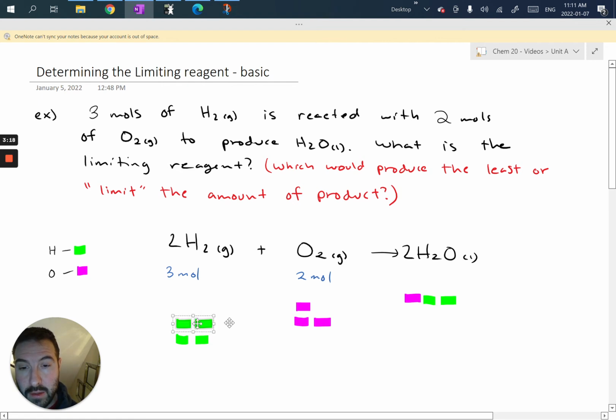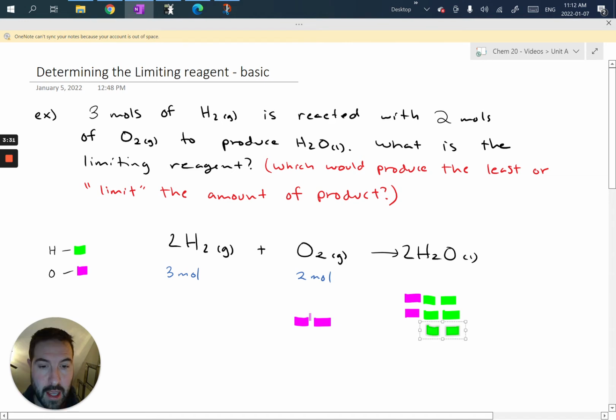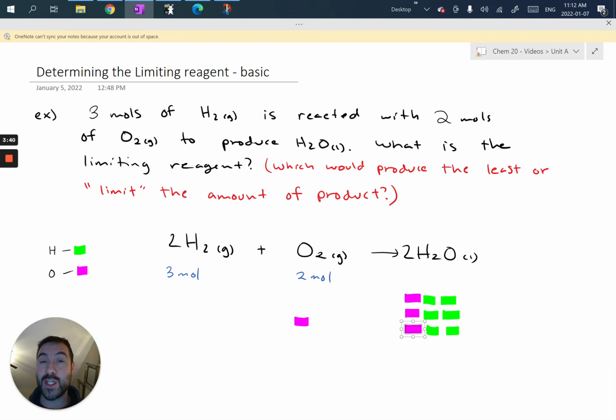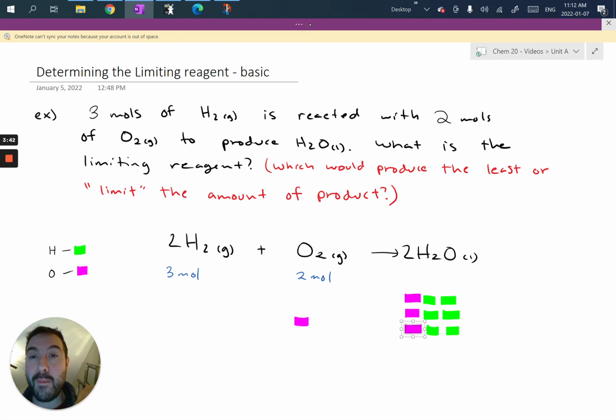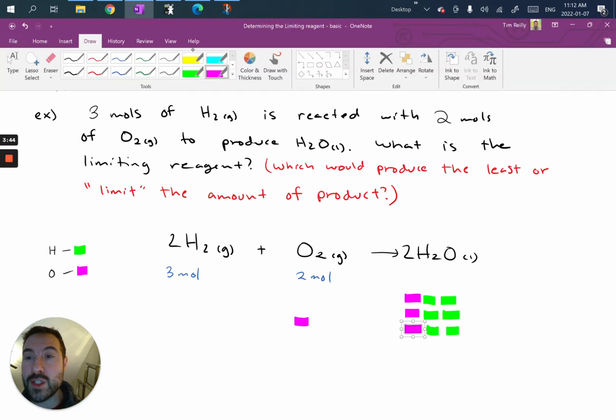I'm going to use 2 hydrogens and 1 oxygen, so there's another water. Then I'm going to grab 2 more hydrogens and 1 more oxygen. Okay, can I make any more? No, the hydrogen is all used up. The hydrogen here is my limiting reagent.